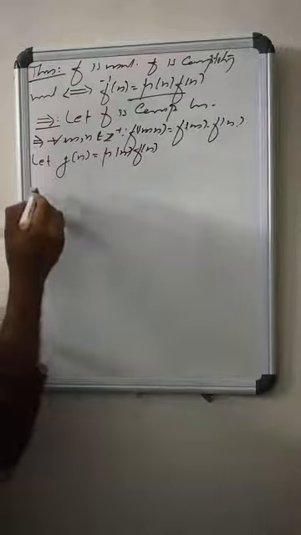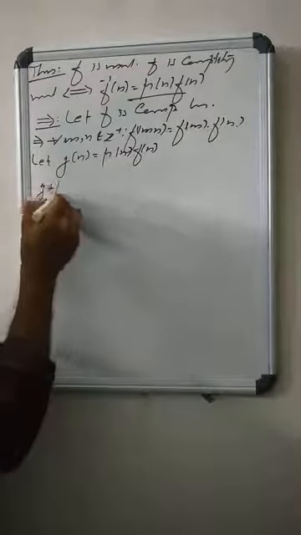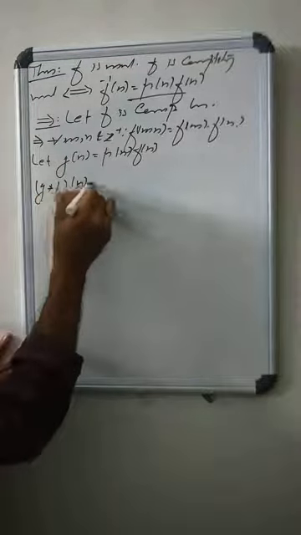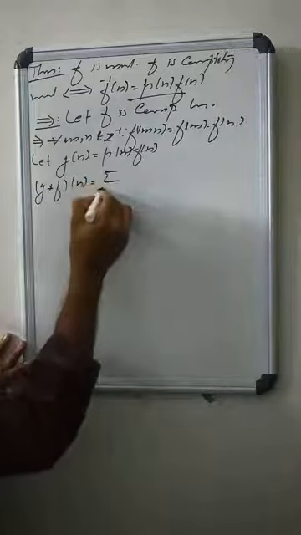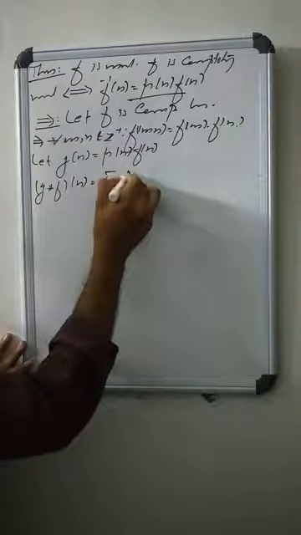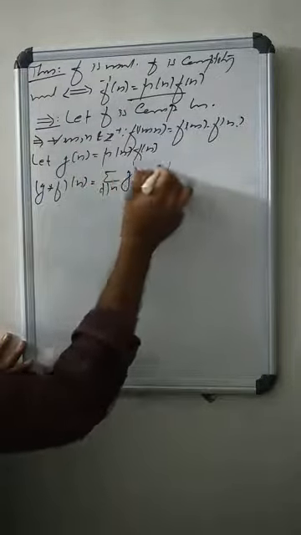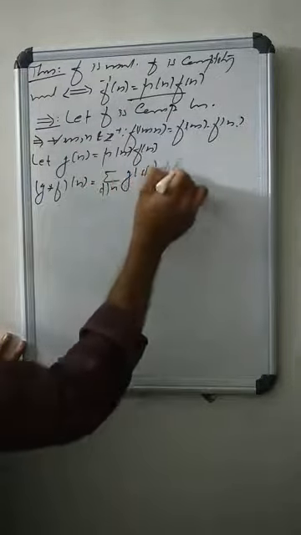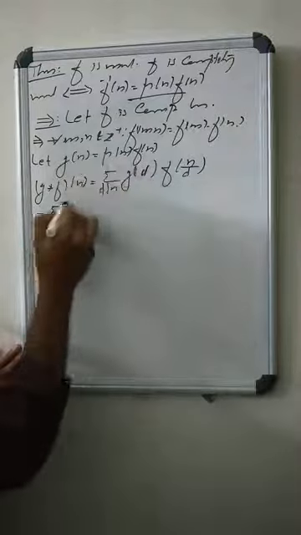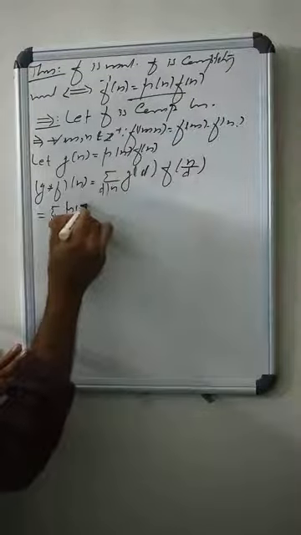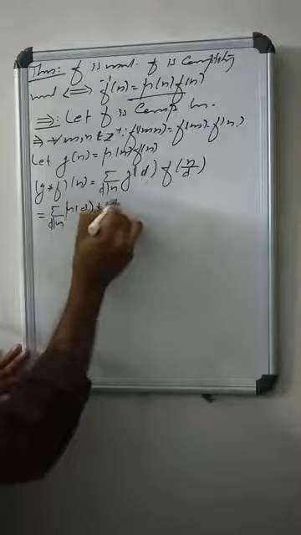What is g star f of n? By definition of the Dirichlet product, it is the sum over d dividing n of g of d into f of n by d. What is g of d? According to the construction, it is mu of d into f of d.